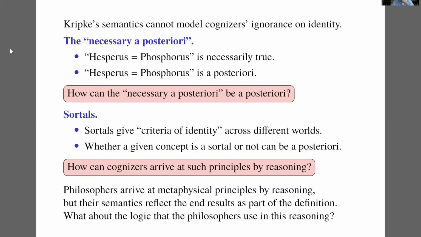So my goal will be to provide a framework of semantics in which these metaphysical principles, whether identity of individuals or whether given concept is a sortal such and such, are substantive facts that can be a conclusion, or even premises, of philosophical or general argument.